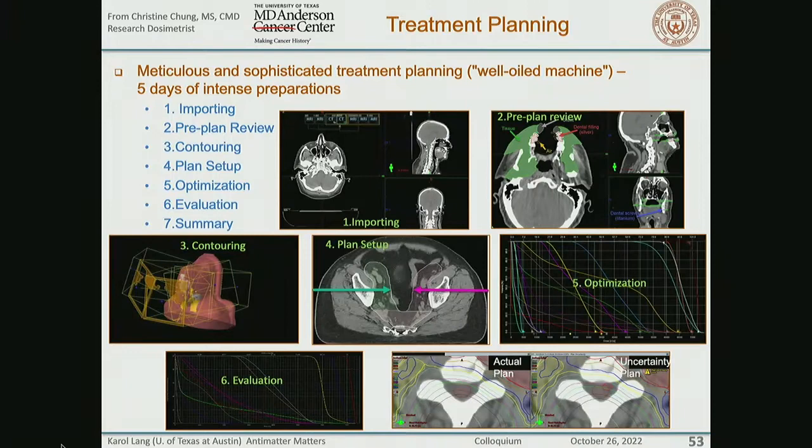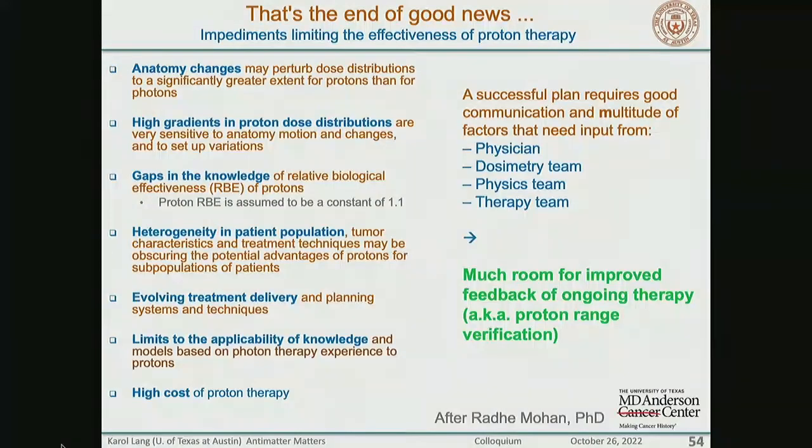So as I say, this is a team of several people working for an entire week on one patient to come up with a treatment plan, okay? However, this is pretty much the end of good news, because there are a lot of uncertainties and there are a lot of impediments to the effectiveness of this therapy.